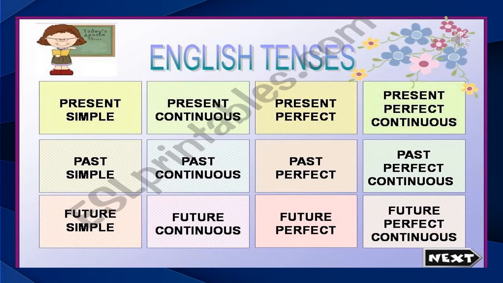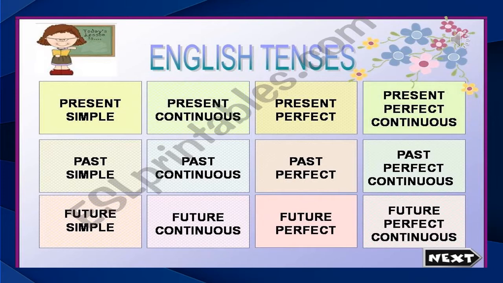Each tense can again be divided into four. That means present tense has four divisions. In the same way, past tense and future tense also have four divisions. So altogether we have 12 tenses to learn. The four divisions of present tense are simple present tense, present continuous tense, present perfect tense, and present perfect continuous tense.